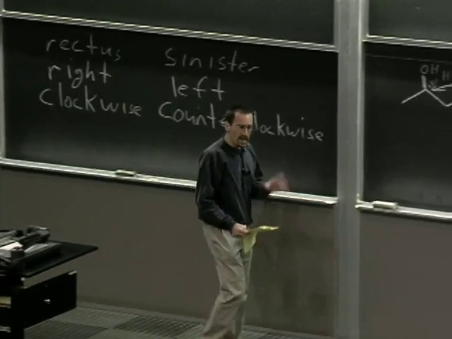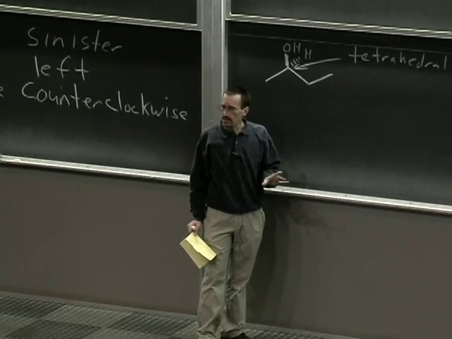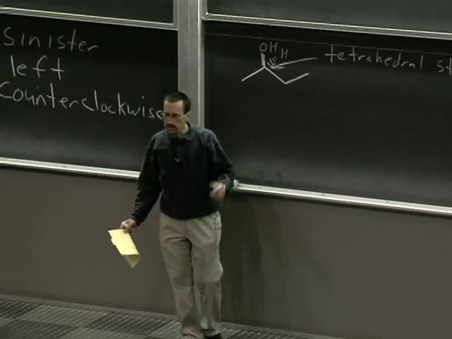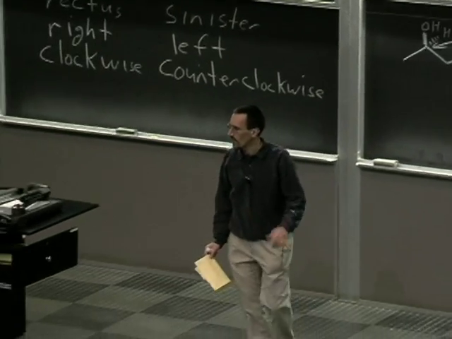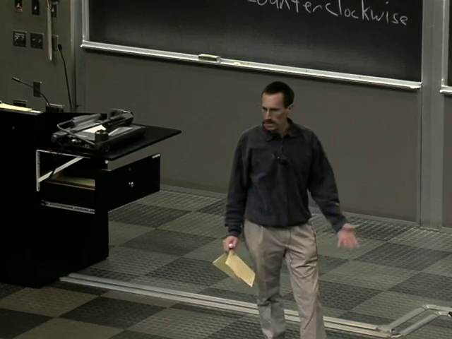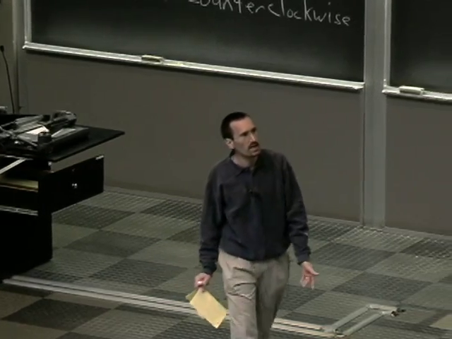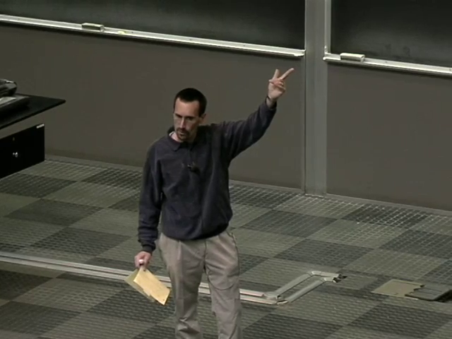The first way we rank priority, the most important way, is by atomic number. The highest atomic number gets you the highest priority. The lowest atomic number gets you the lowest priority. Kind of makes sense. You look in your periodic table, oxygen is at 8, carbon is at 6, hydrogen is at 1.